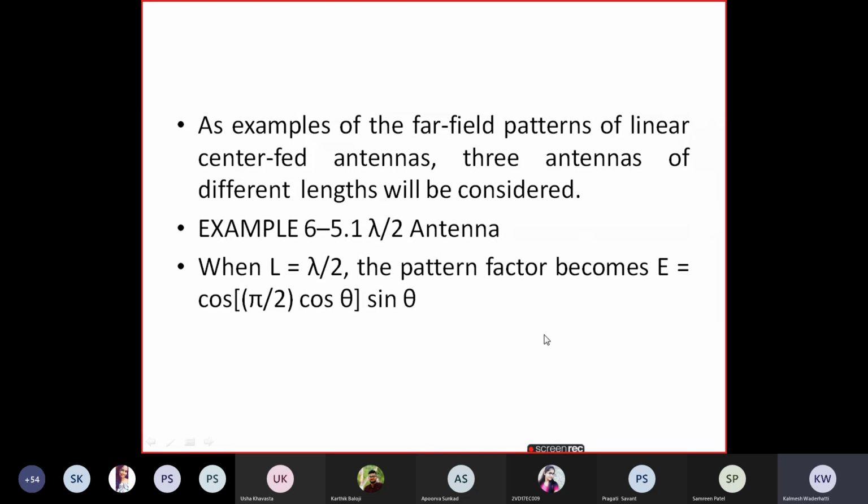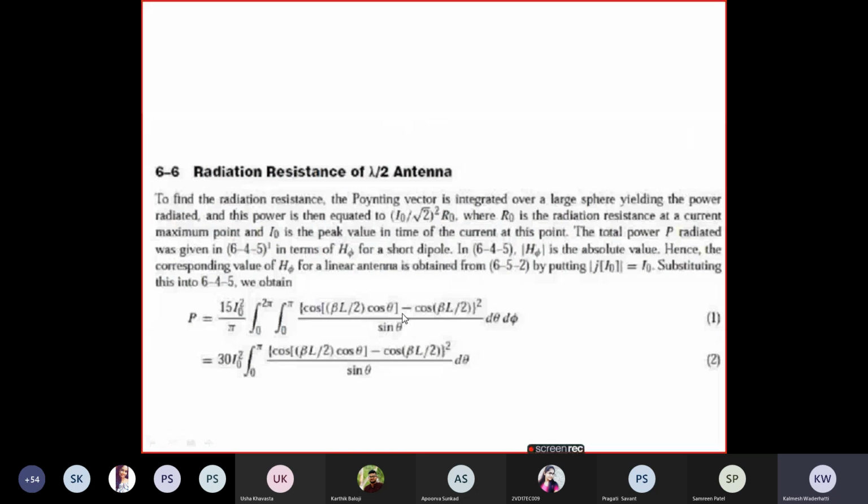When considering the field, it will be 0.707. You equate this equation to 0.707 and you will get theta, which gives the half power beam width.